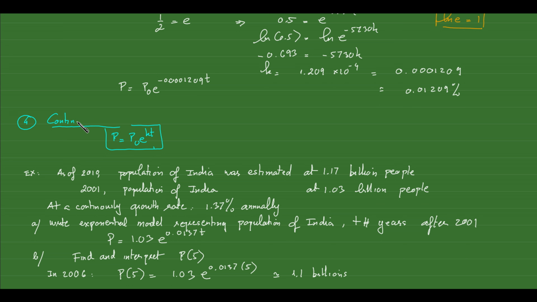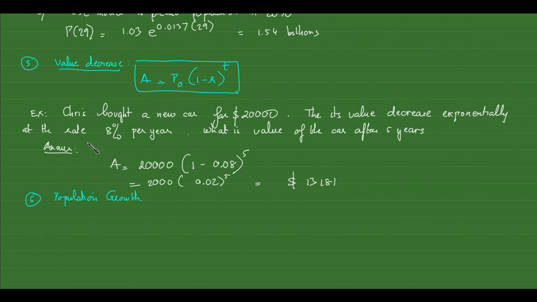Continuous population growth. And this is just regular population growth. It's not continuous.